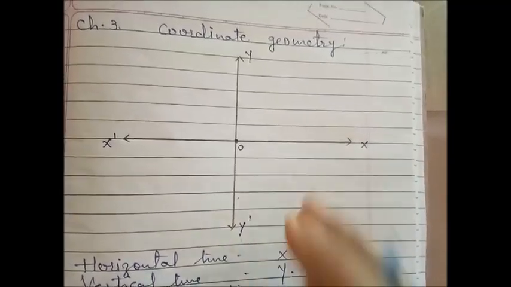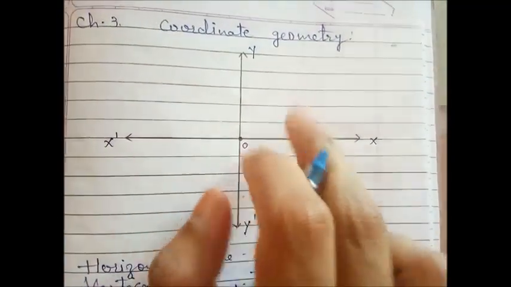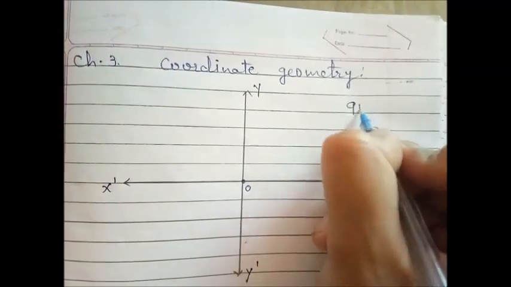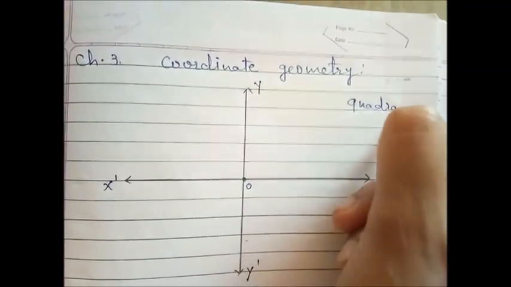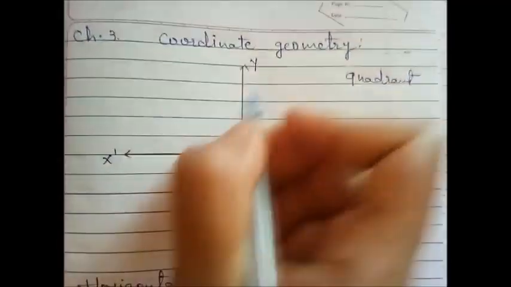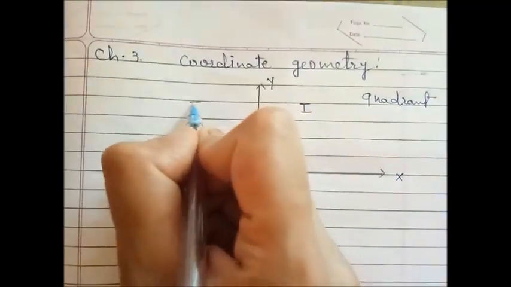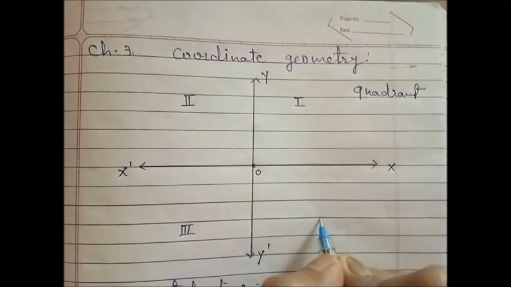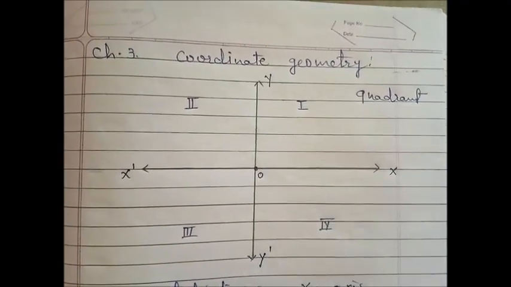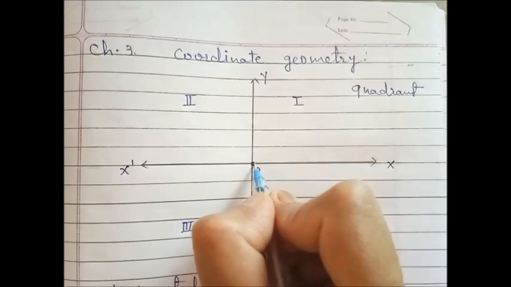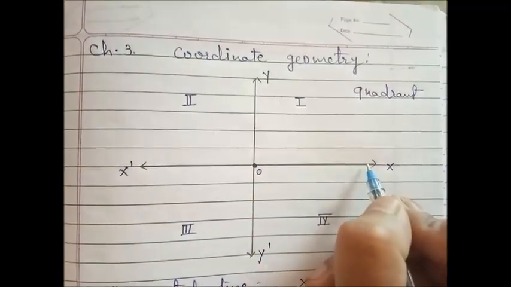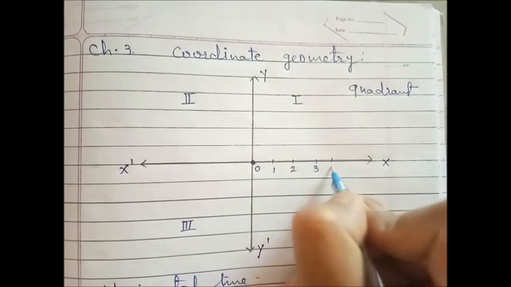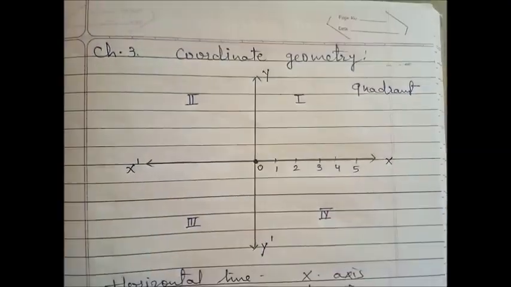Now it divides into 4 parts. Now each part is known as a quadrant, right? This is the first quadrant, this is the second quadrant, this is your third, and this is your fourth. Now this is the origin. Now this is the positive direction, so here 1, 2, 3, 4, 5 and so on.